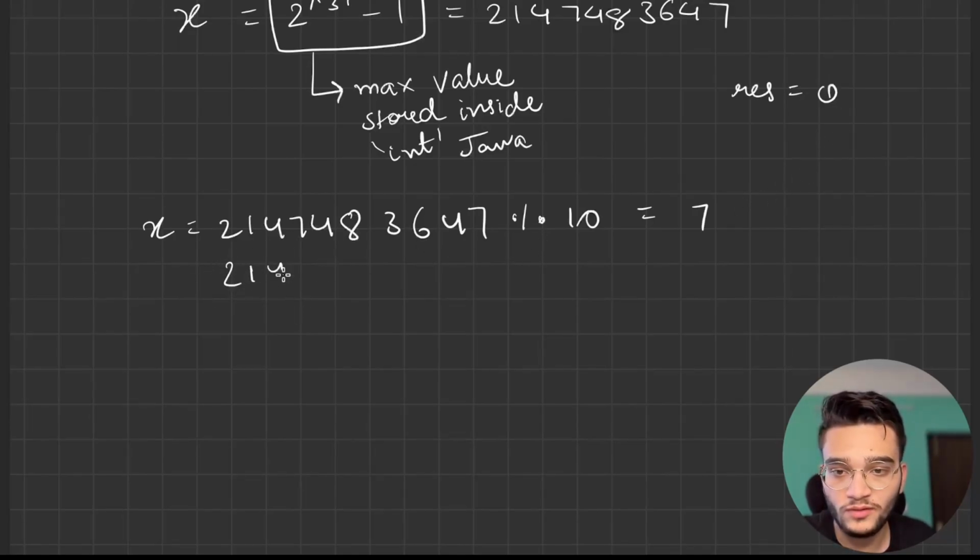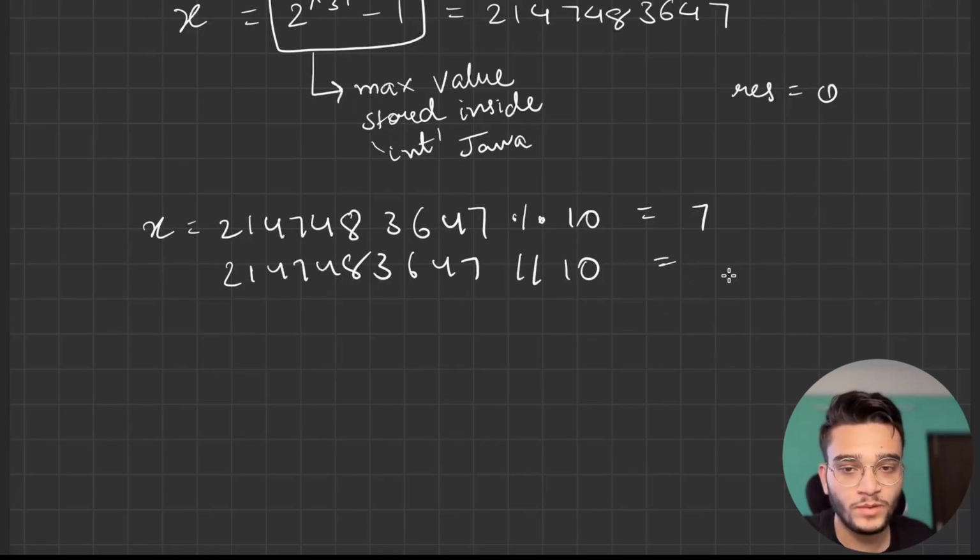Then when we do 2147483647 integer division by 10, we would get 214748364.